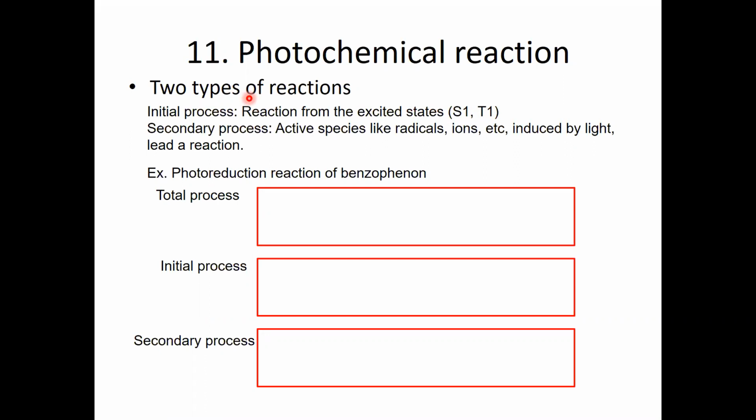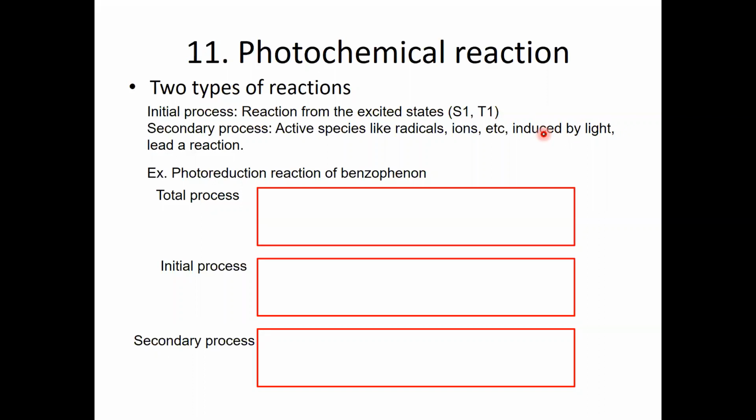The other one is called a secondary process, which is induced by active species like radicals, ions, and so on, which are generated by the light irradiation.